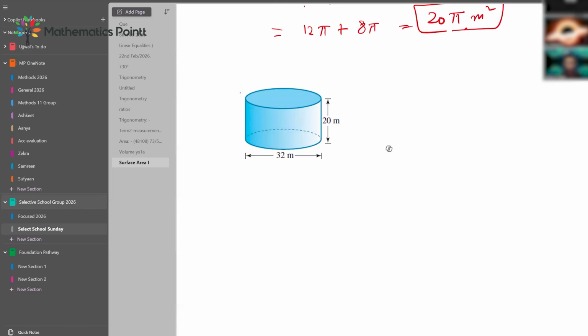Yes, Zoro, it's 1152, correct. Yes, it's 1152 pi meter square. This time I was given the diameter, so I need to chop it off. Yes, correct, Abir, 1152.